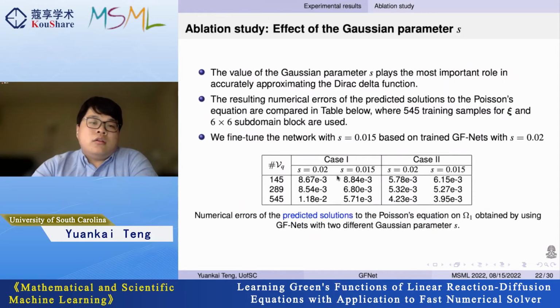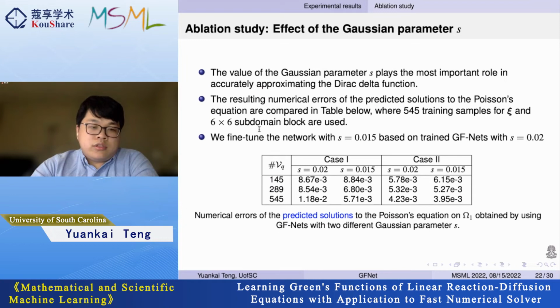And then we want to test the effect of Gaussian parameter S. The value of Gaussian parameter S plays the most important role in accurately approximating the Dirac delta function, which will further influence the performance of our learned GFNets. So here we test the numerical results of predicted solutions to the Poisson equation with two different S. The first one is 0.02, and the second one is 0.015.